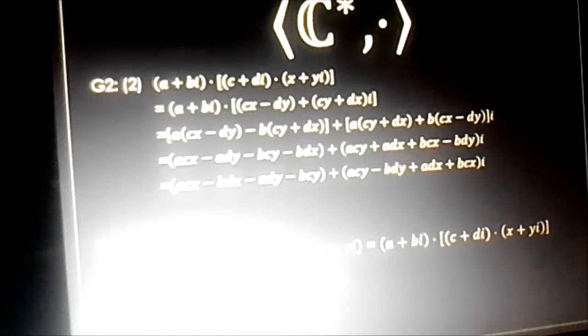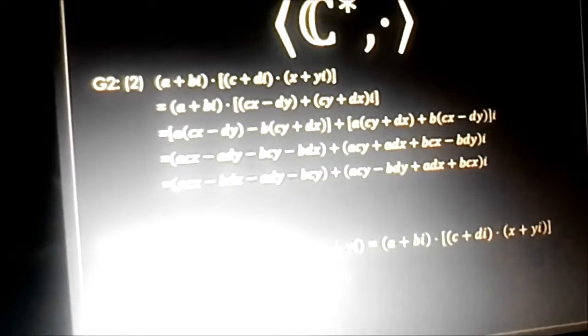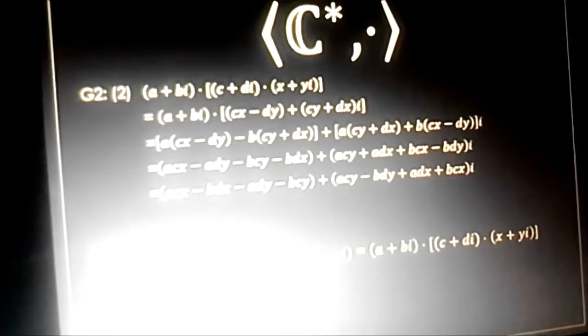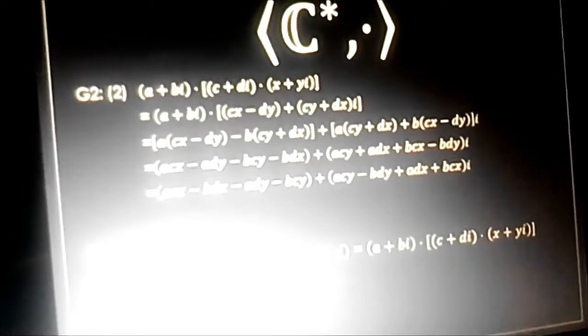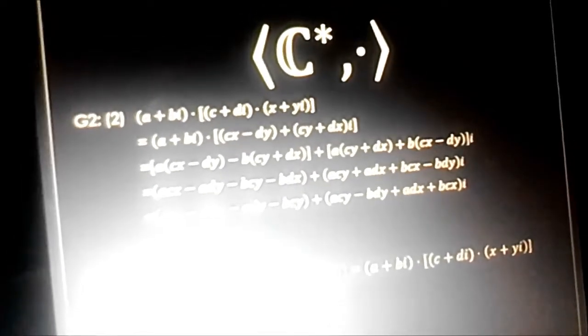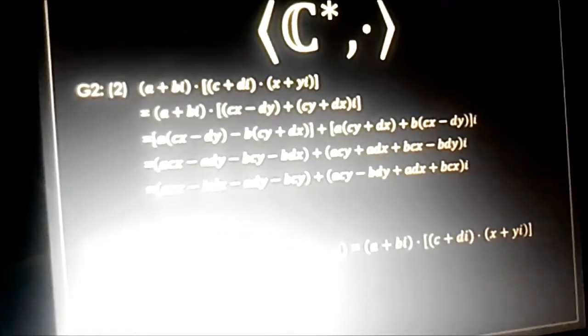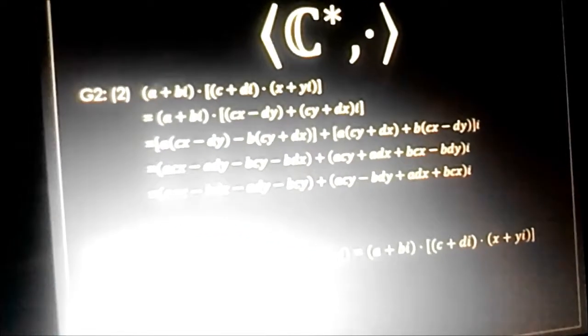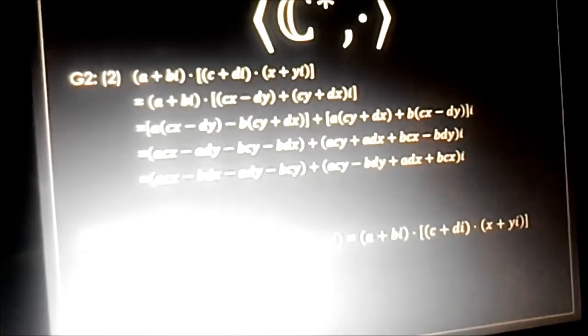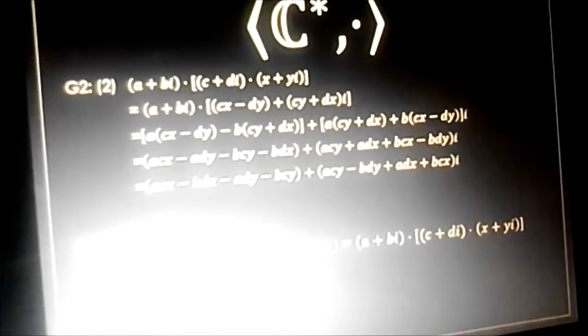the real numbers on the left side, and the complex numbers on the right side, which are denoted by i. So we have a(cy + dx) + b(cx − dy) quantity i.